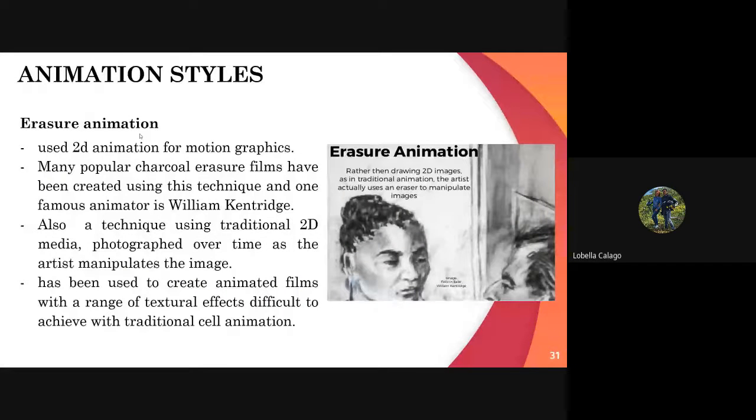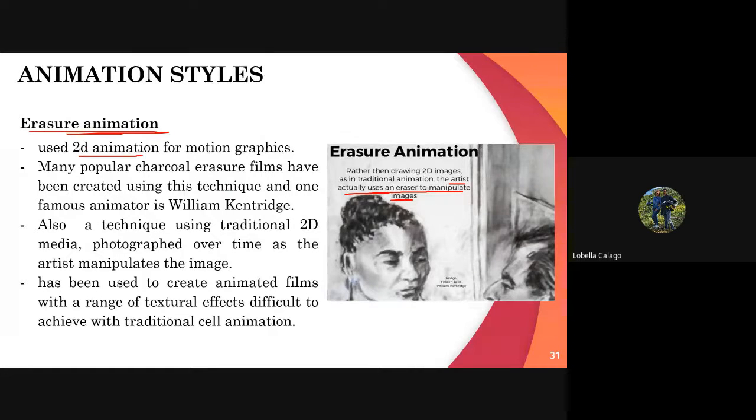Meron ding erasure. So, ano si erasure? Sinabi dito, rather than drawing the images, as in traditional animation, the artist actually uses an eraser to manipulate the image. So mag-erase lang po siya dito kung anong gusto niyang ipahiwatig. So pag we involve erase, that is what we call the erasure animation.